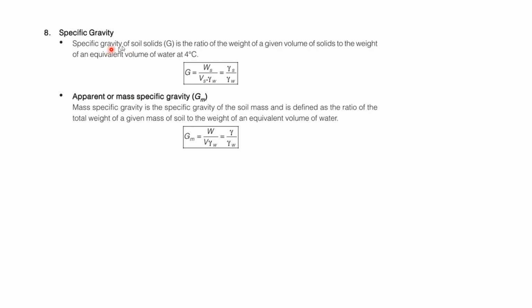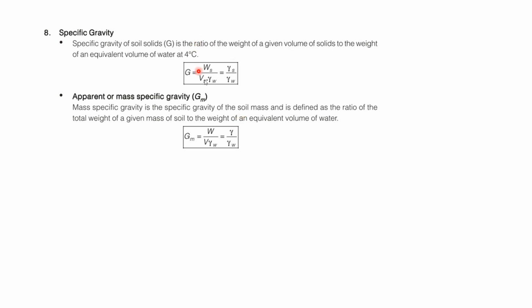As I said, there are two specific gravities. One is the specific gravity of soil solids, and the other is called mass specific gravity, where you consider the entire mass of soil including water, everything. You can see here, gamma s by gamma w. Gamma s is the unit weight of solids, whereas gamma is the unit weight of soil as a whole.